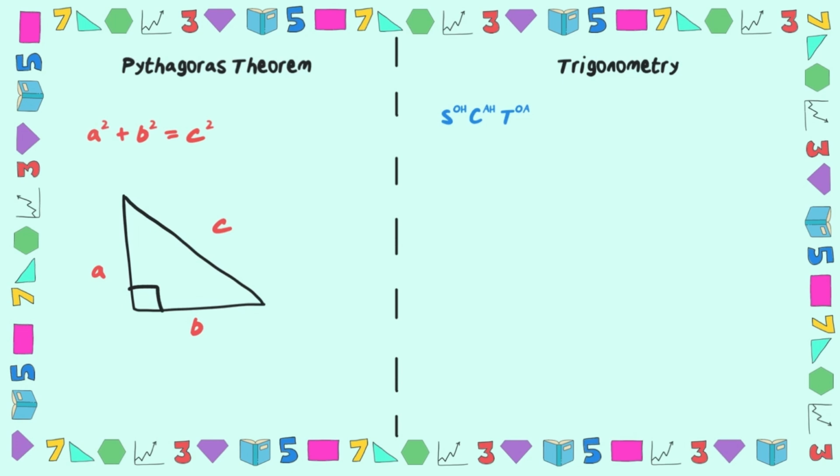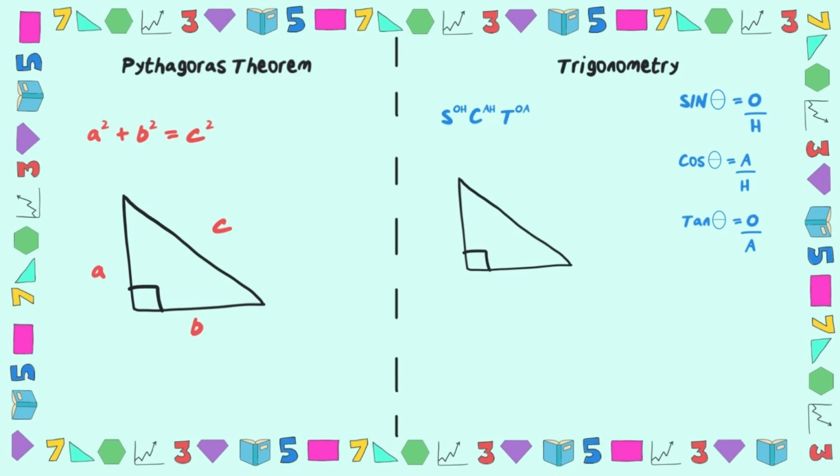So sin angle is equal to O divided by H. Cos angle is A divided by H. And then tan angle is O divided by A. Again, this is for right angled triangles only, as well as Pythagoras theorem.